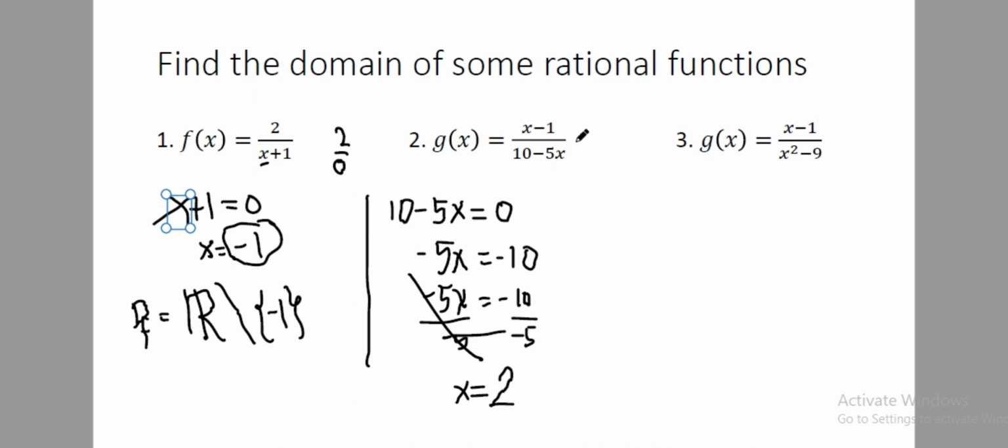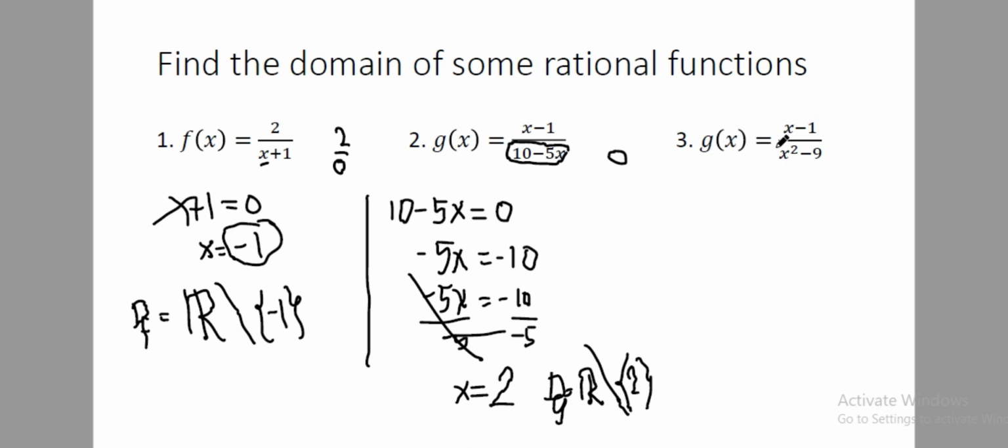So meaning, if x is 2, this will become 0. 10 minus 5 times 2 is 10, so 10 minus 10 is 0. Again, this will become undefined. So the domain of g is therefore the set of real numbers minus, again, the value 2. So the set containing 2.